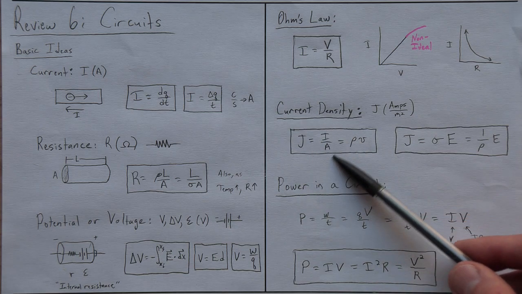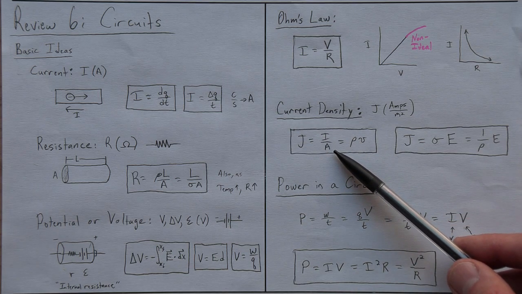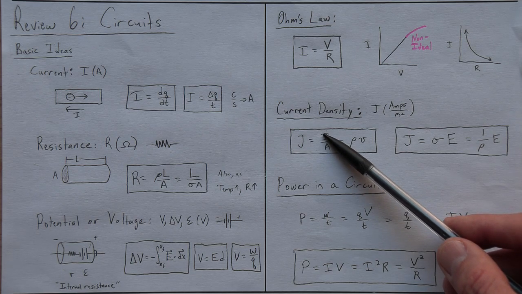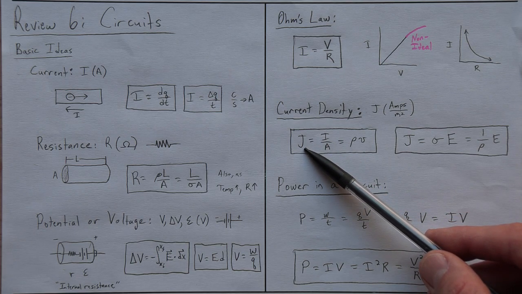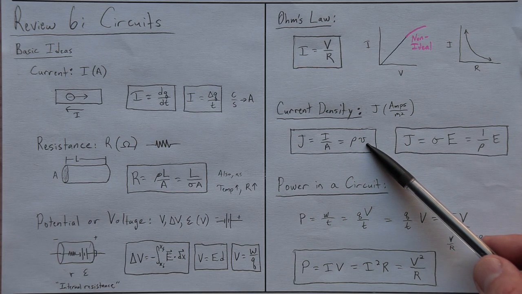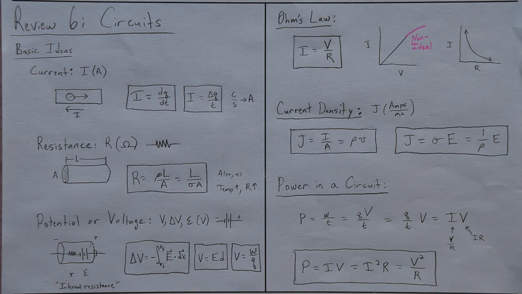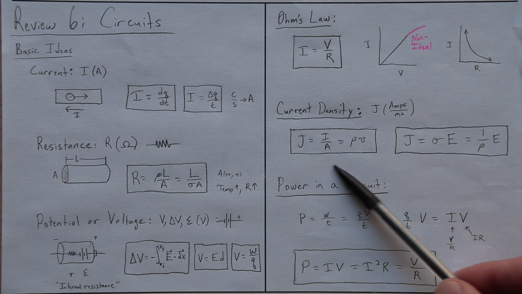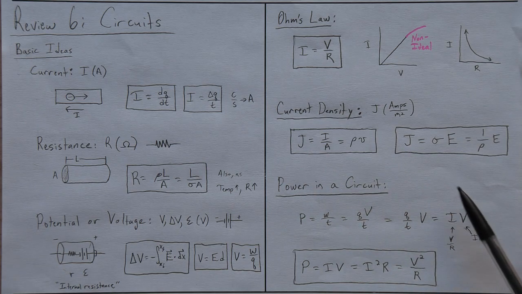It's how concentrated the current is. The smaller wire you force a certain amount of current to go into, the higher the density will be, because this is smaller. It's also the charge density times the drift speed or drift velocity of the charges. This is just a definition of what current density is.